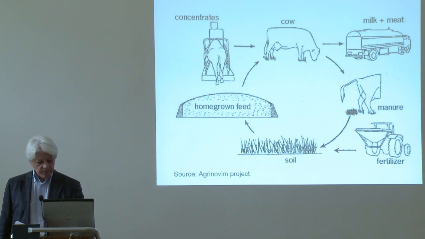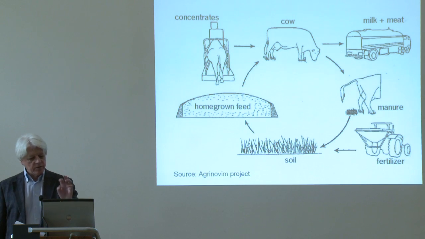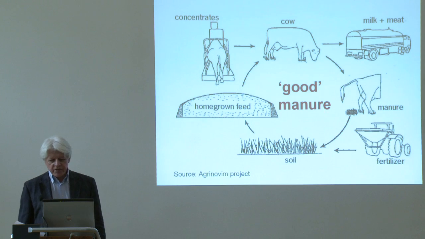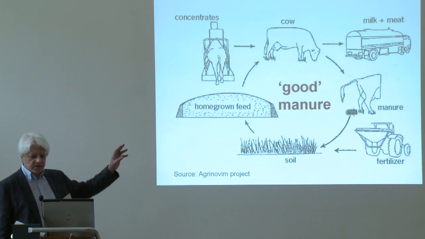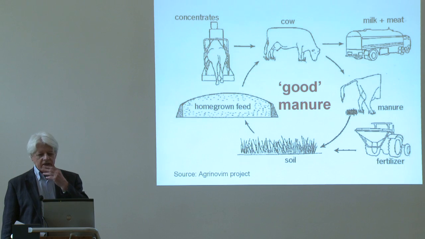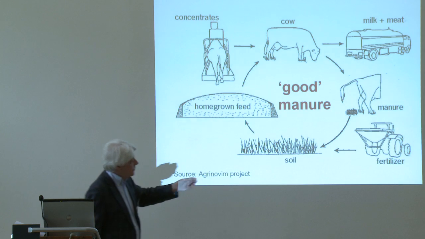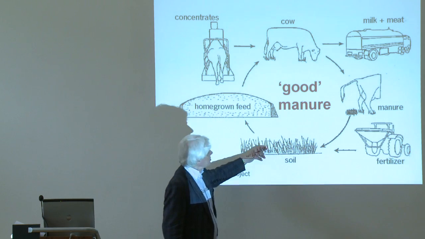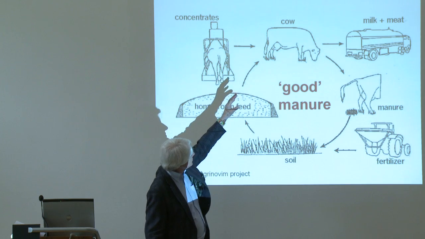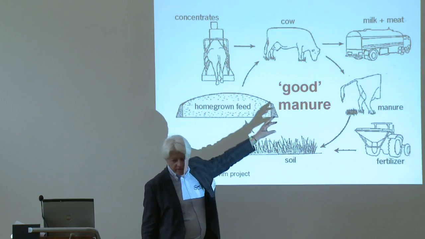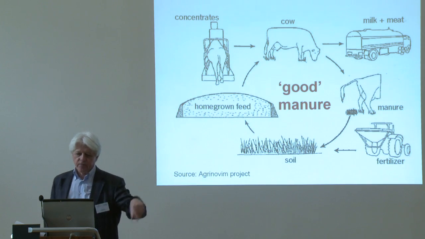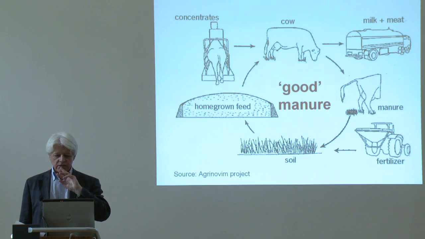And this combines a number of things where farmers actually developed the notion, this is the sort of cycle in which they work with, in this case it's a dairy farm. They developed the notion of good manure. And good manure was a manure which actually would not only be good for the soil, but also would be related to the feeding regime of the cow. And the cow would be healthy because of the way that this whole cycle was organized.